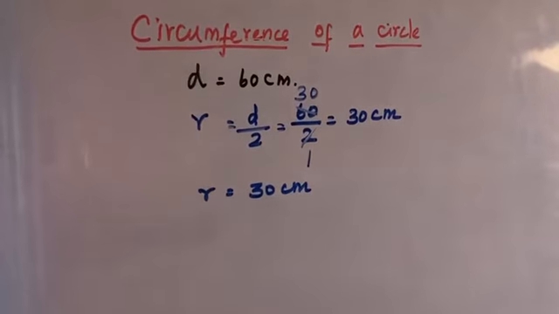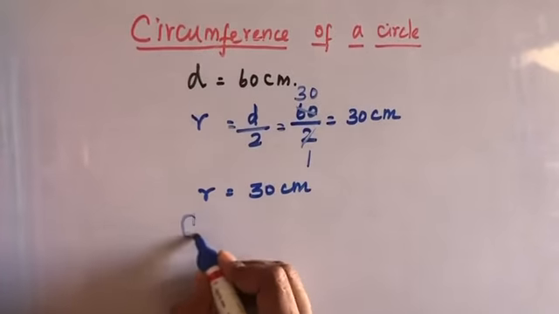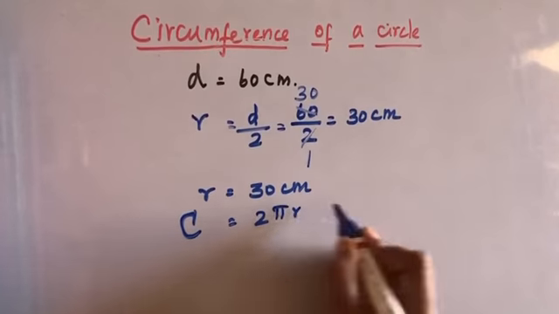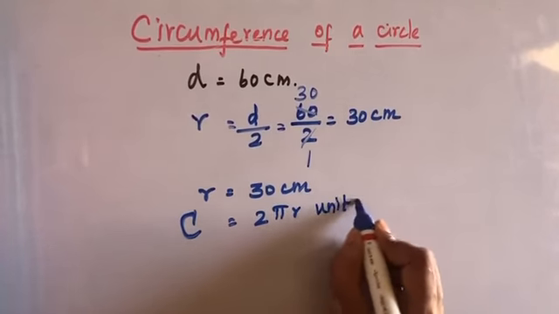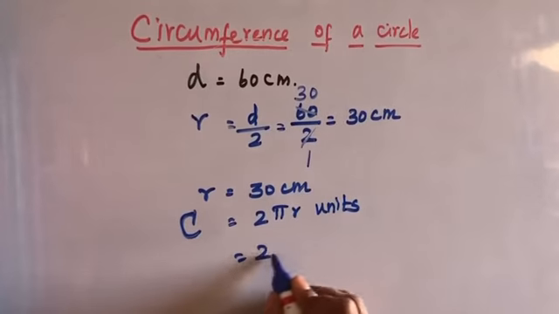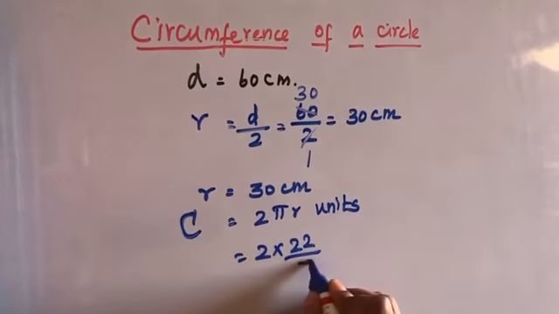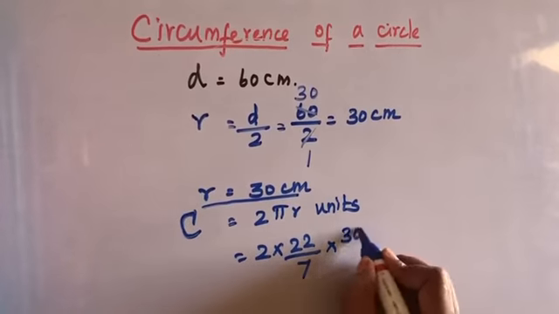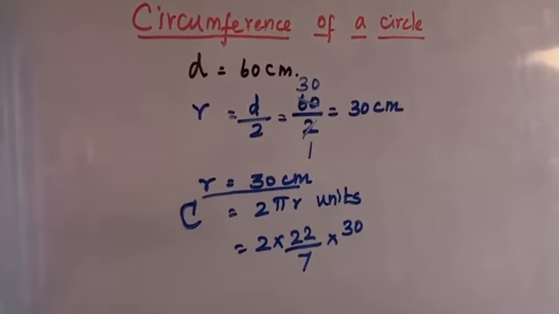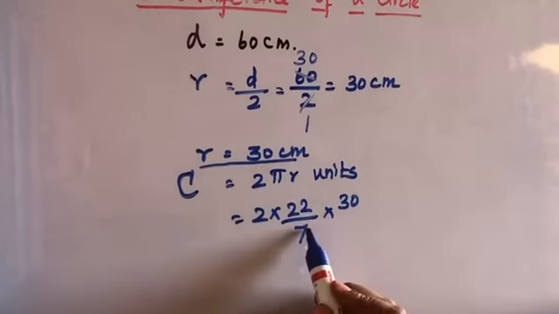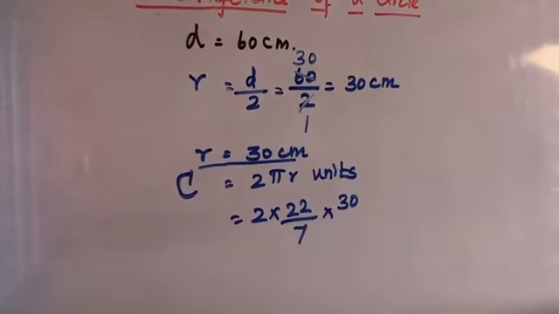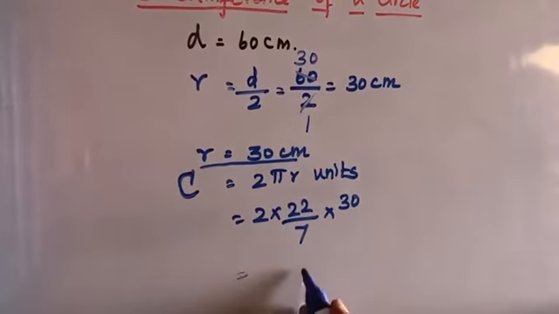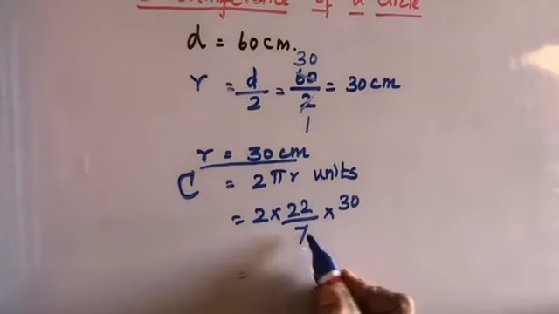Now we can find the circumference. Circumference C is equal to 2 pi r units. So 2 into 22 by 7 into r, which is 30, you have to use 30. Now look at this, we couldn't simplify 7 with 30 or with 22. So we can multiply the numerator separately and then divide it by 7.